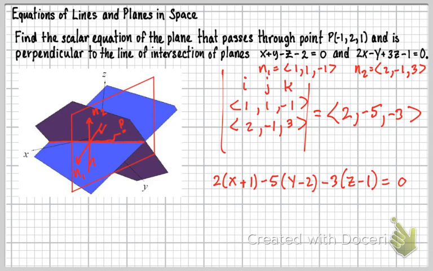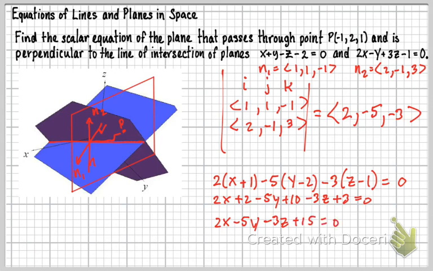So from here, I can simplify this a little bit, and I think that's okay too. It doesn't matter, but you can. And that's going to be 2x plus 2 minus 5y plus 10 minus 3z plus 3 equals 0. And then from here, I can just simplify it a little more. And with these numbers, I'm going to get 15.